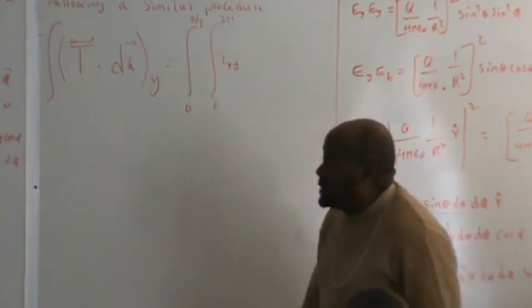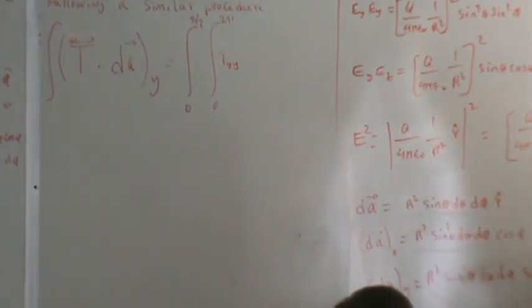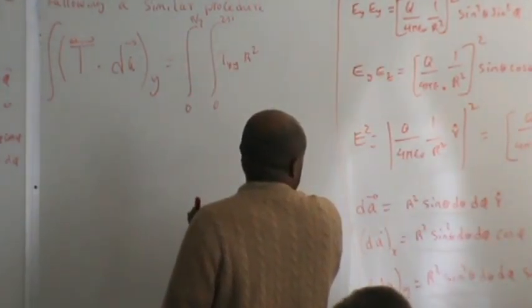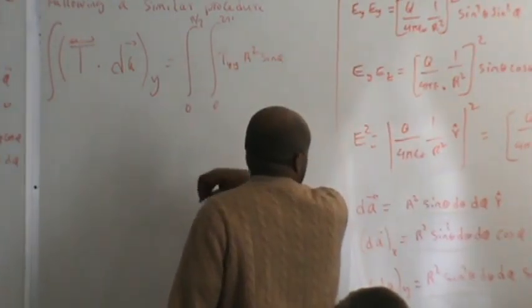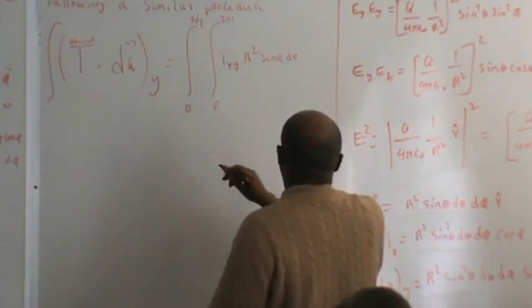Tyy times the y component of the area vector, which is going to be this one. So you have Tyy times r squared times sine of phi d theta.